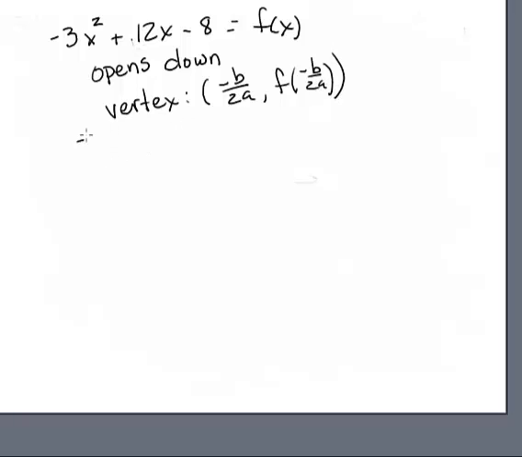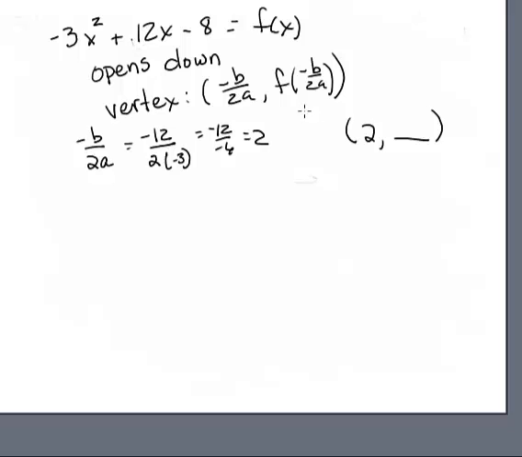Negative b over 2a: this is my b, so negative b is negative 12, over 2 times a, which is negative 3. So I have negative 12 over negative 6, which is 2. So 2 comma something is going to be my vertex.